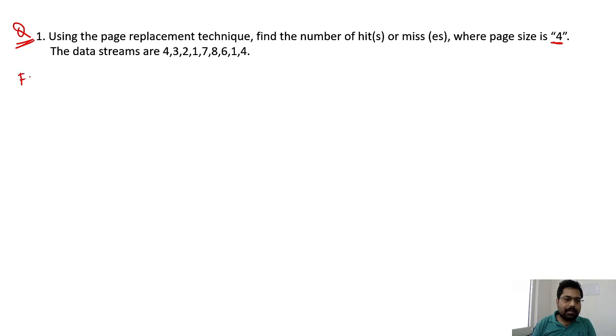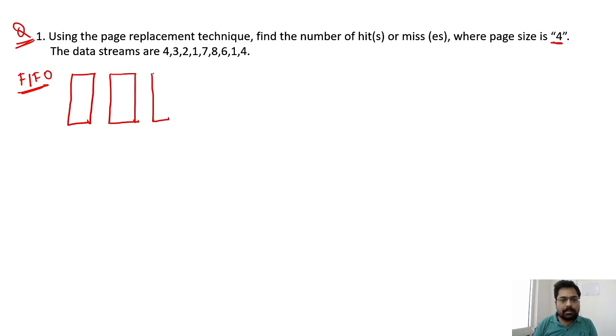As for FIFO, we should run it. Here pages are 4. First, you create certain boxes where the pages would be 4, meaning the maximum size is 1, 2, 3, and 4.